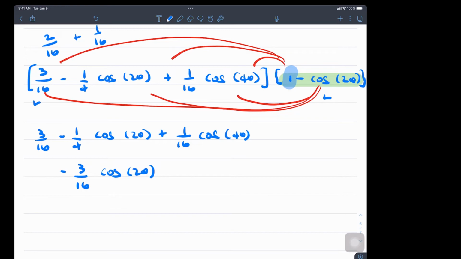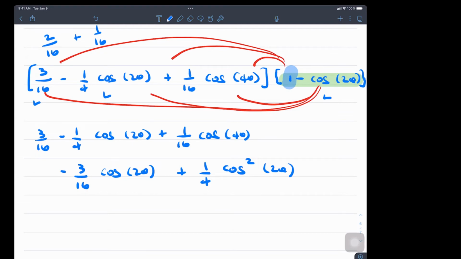And then you got a negative cosine 2 theta times a negative 1/4 cosine 2 theta. Well, that makes it a plus what? 1/4 cosine squared what? 2 theta. Okay? And then you say, well, what?